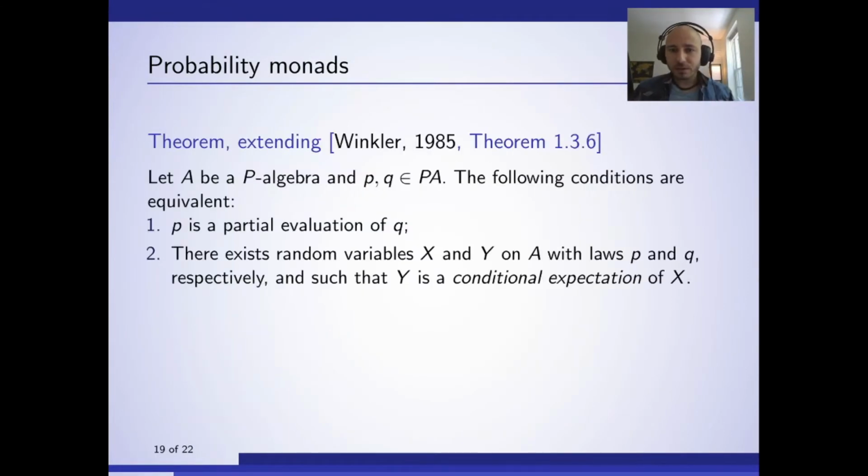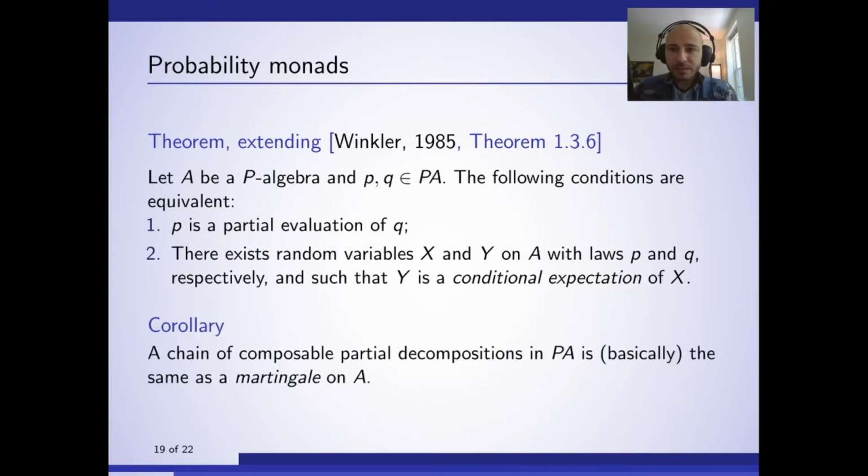Okay? So that's the theorem in rigor. And some of you may probably know that this allows us to talk about martingales. So this tells us that partial evaluations are how you can model martingales in probability using probability monads. I like this because probability monads, until very recently, were mostly used to do measure theory rather than probability theory.